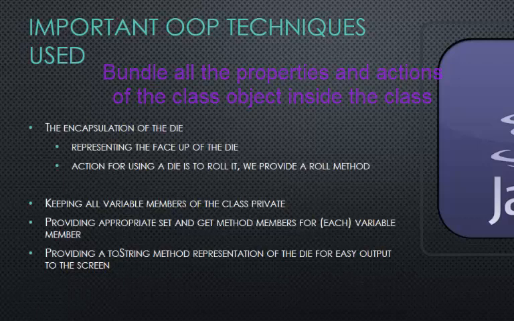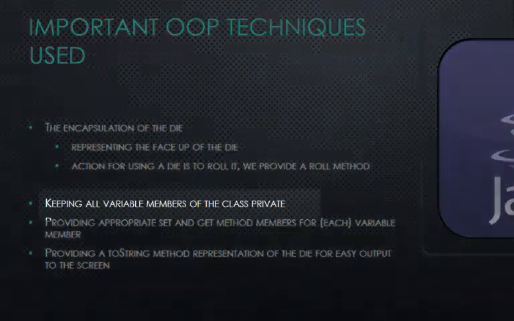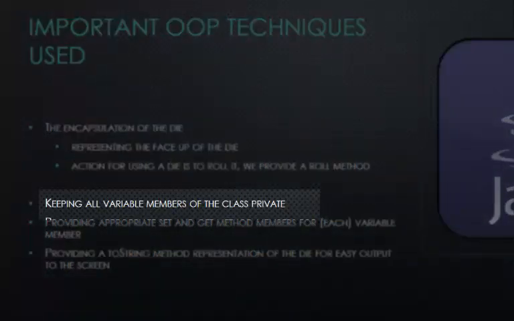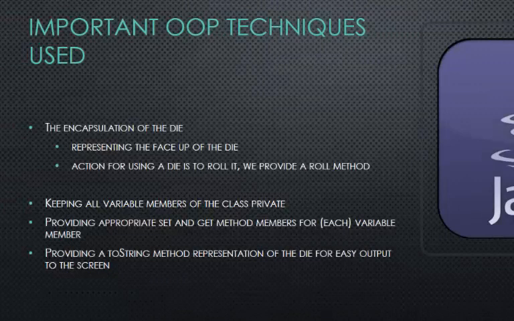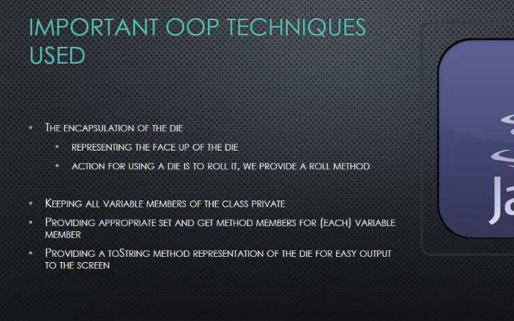The second important object-oriented programming technique we are using is to provide secure coding by keeping all the variable members of the class private. So you'll notice that the face of the die is kept private, which means we can only access that from within the class.